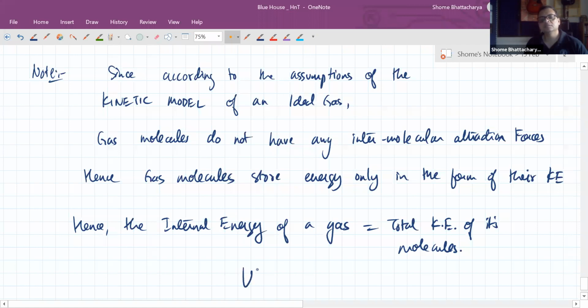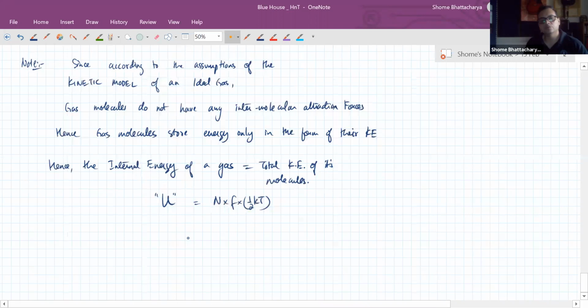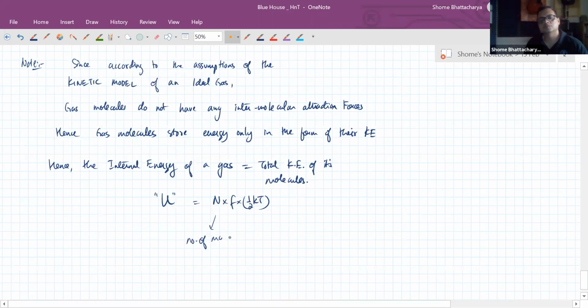Okay. So internal energy is given by the formula U, and this becomes the number of molecules into degrees of freedom into 1 by 2 kT. It becomes the product of the number of molecules into the degrees of freedom into the average kinetic energy per molecule per degree of freedom.